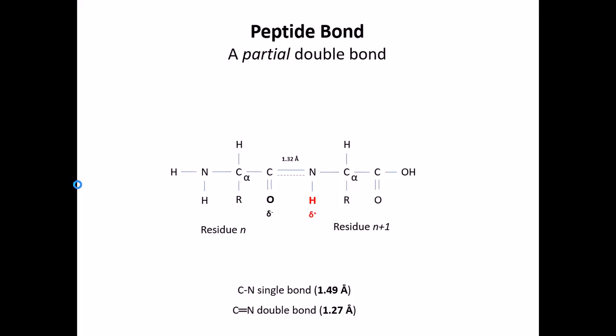A partial negative means it has the ability to donate an electron at some point of time, and a partial positive charge means it has the ability to attract an electron at some point of time. Hence, there is a movement of electrons across this O and H through the carbon and nitrogen, and hence the carbon and nitrogen tend to be like a partial double bond.